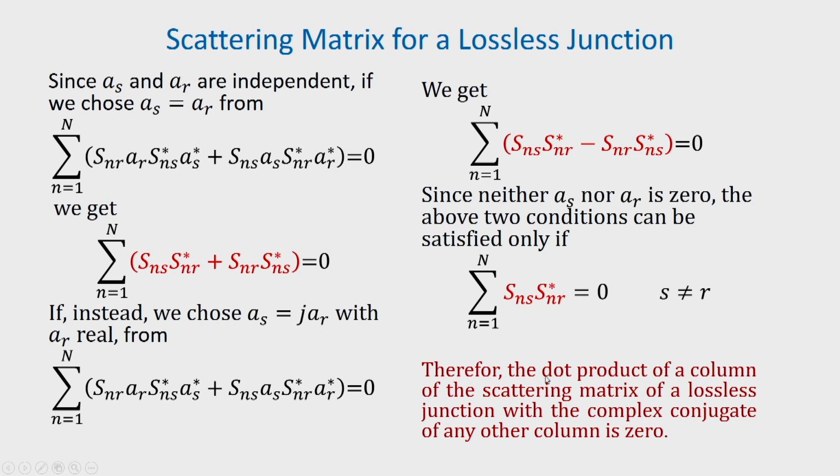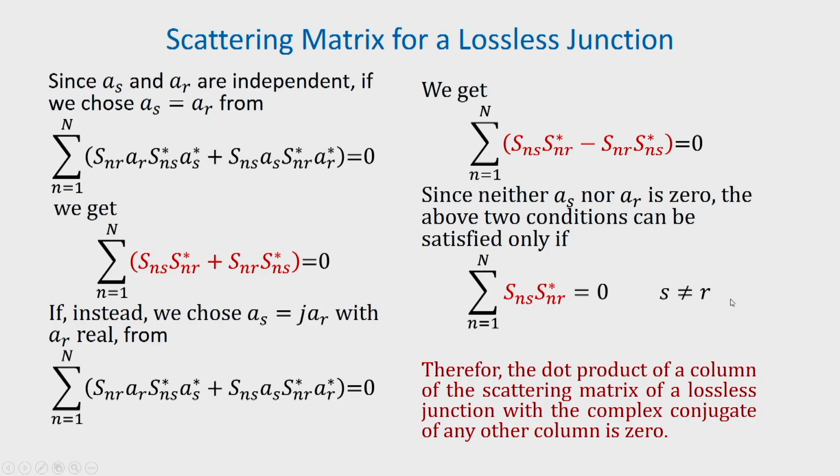Therefore, we find that the dot product of a column of the scattering matrix of a lossless junction with the complex conjugate of any other column is 0. The only condition we require is that s is not equal to r, that means the two columns are to be different.